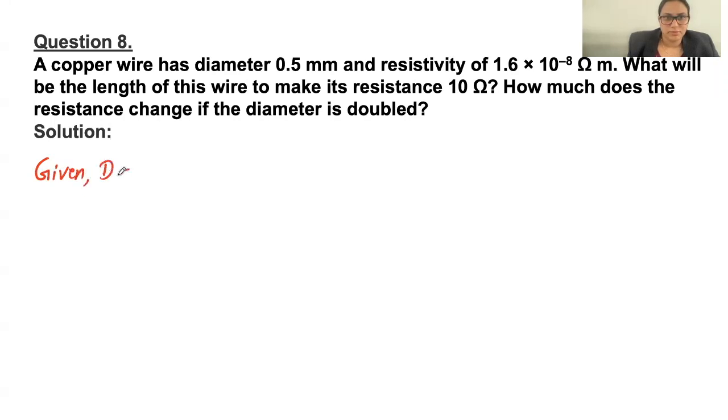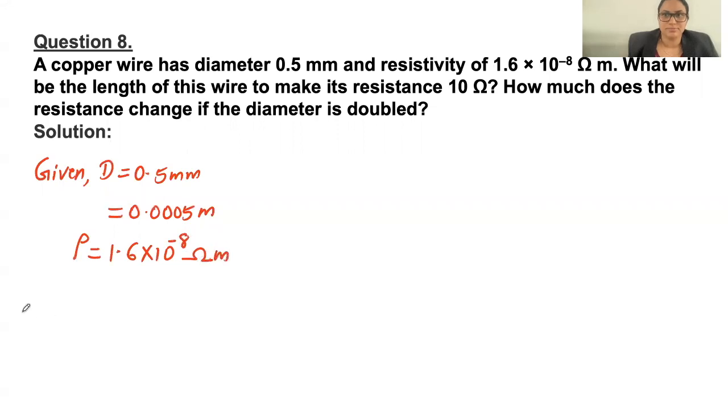Diameter D is equal to 0.5 millimeter. We need to convert this into meter. That is 0.0005 meter or 0.5 into 10 power of minus 3 meter. And rho is given, which is equal to 1.6 into 10 power of minus 8 ohm meter.